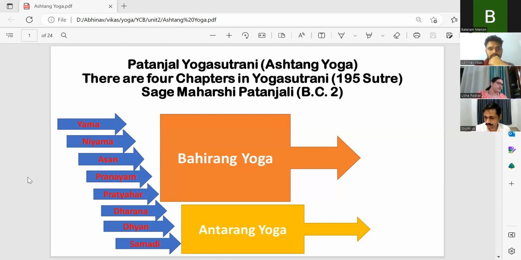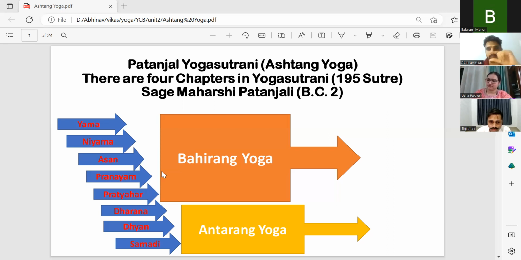The first 5 are known as Bahiranga Yoga: Yama, Niyama, Asana, Pranayama, and Pratyahara. The last 3 angas, Dharana, Dhyana, Samadhi, are Antaranga Yoga.